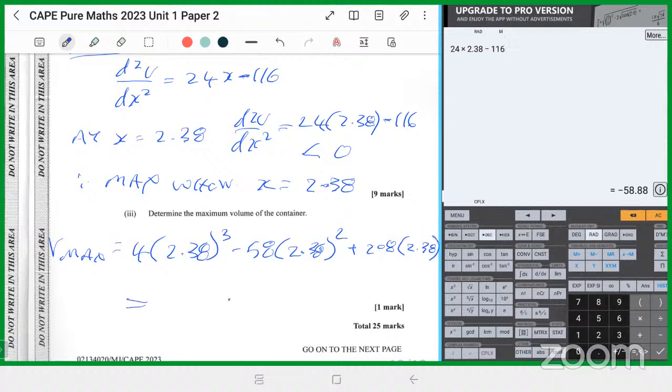Work that out, and that is the answer. So whatever that gives you is the max.